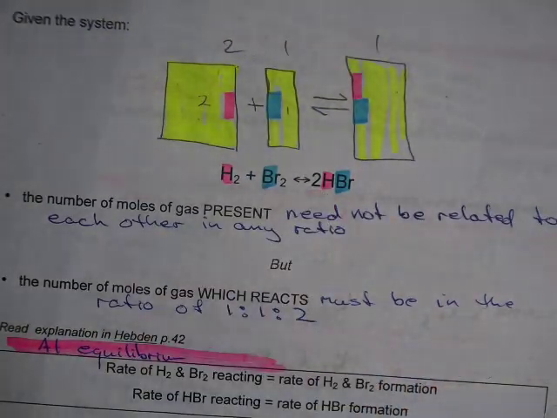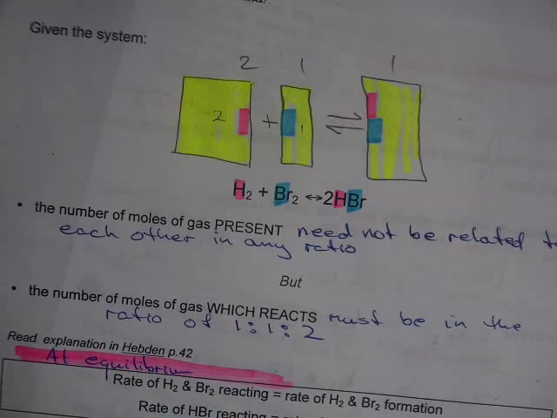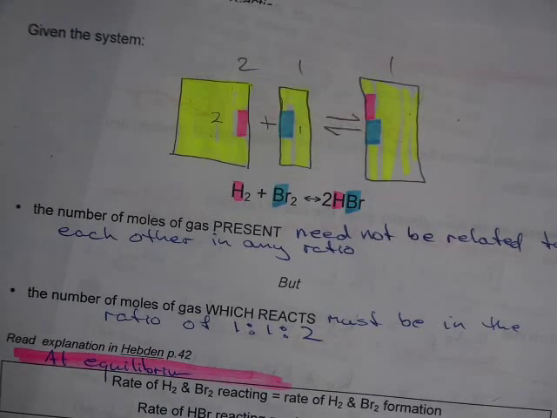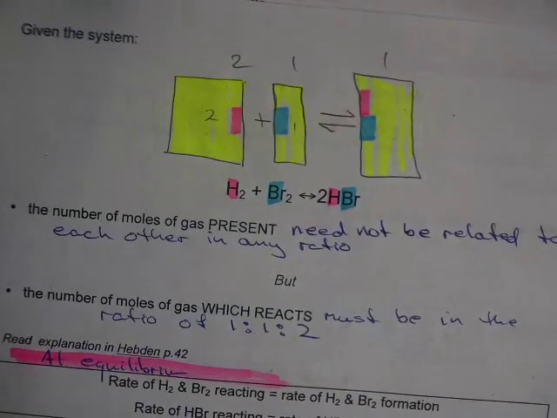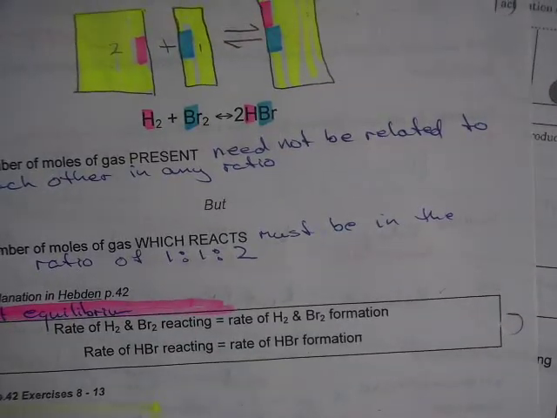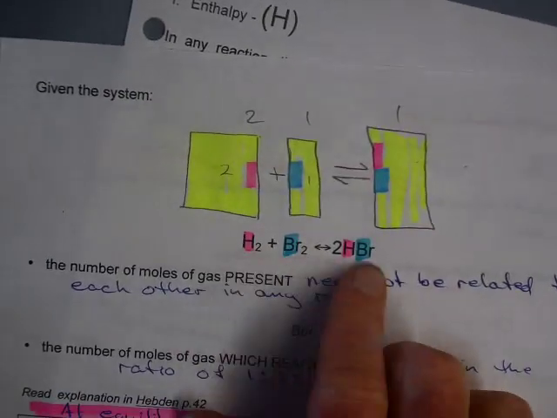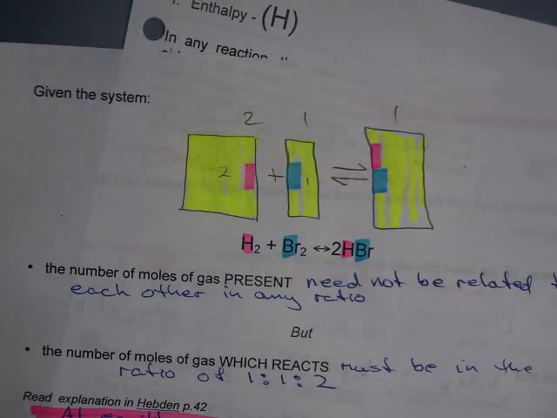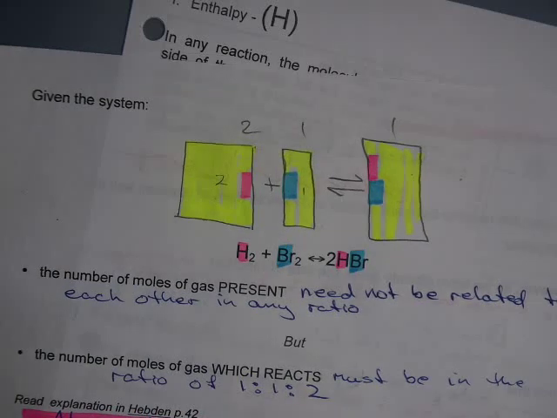But you don't know what the concentrations are. You have no clue. That's the whole point. When you're talking about something like this, it only tells you the ratio of reaction. It has got nothing to do with the concentrations, or the possibility of having odd concentrations.